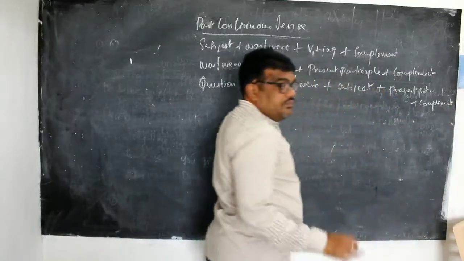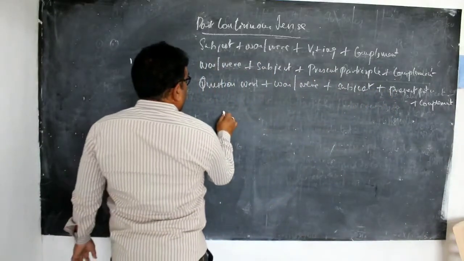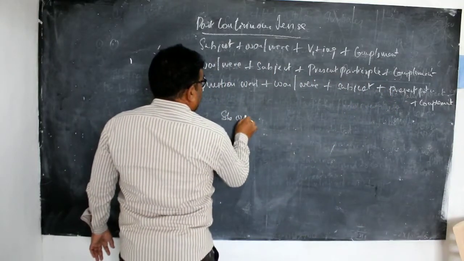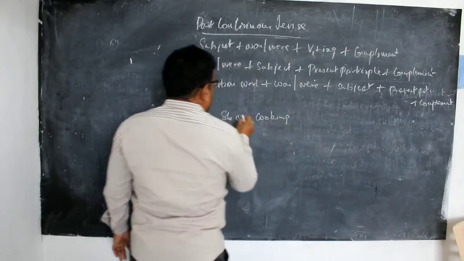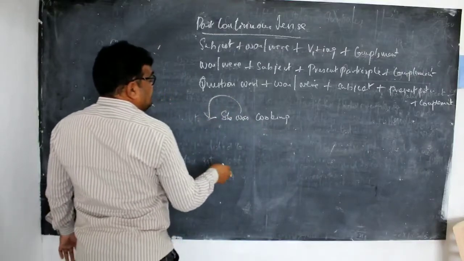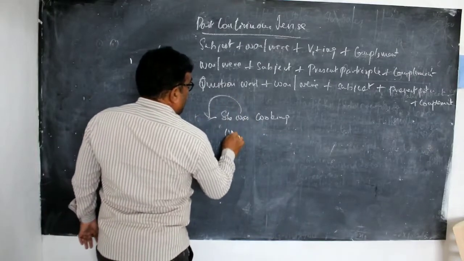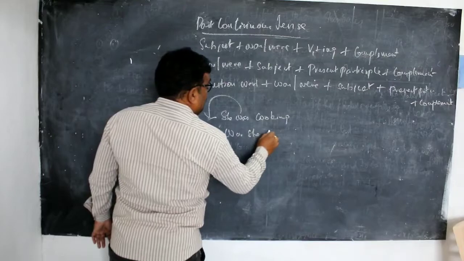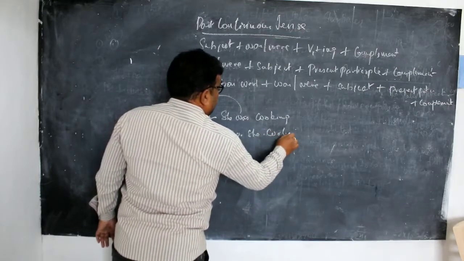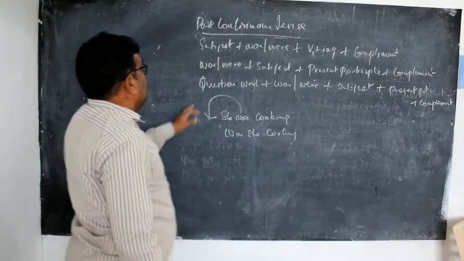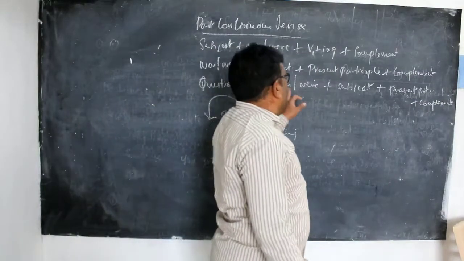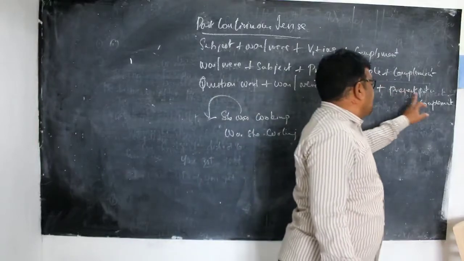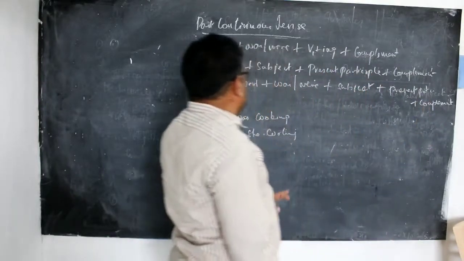Take one example. She was cooking. To make a yes or no question, you put the verb in the front: Was she cooking? Another way, as I told you: question word plus was or were plus subject plus present participle plus complement.